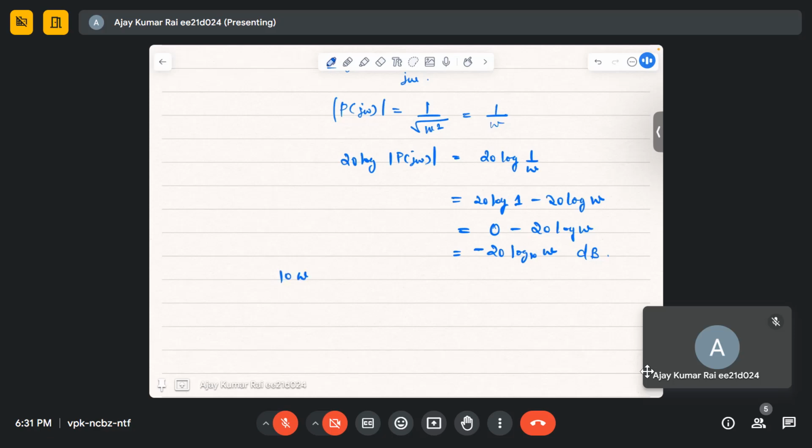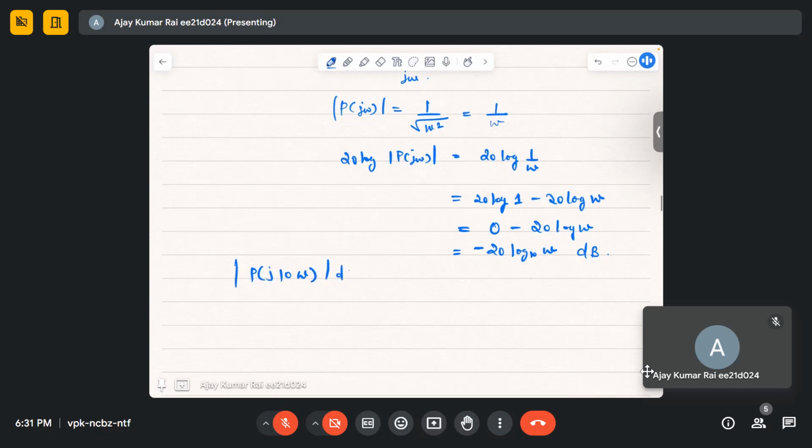So we find the magnitude of P(j 10 omega), and that too in dB, which is minus 20 log of 10 omega. Which will be equal to 0 minus 20 log of 10 omega.